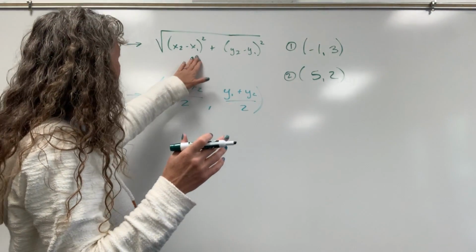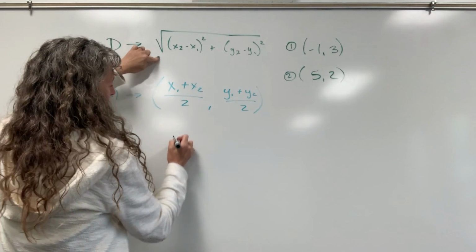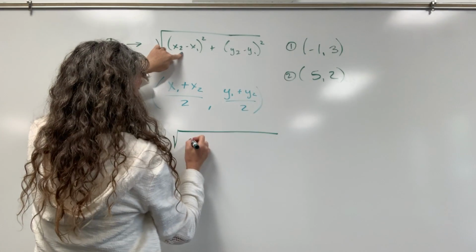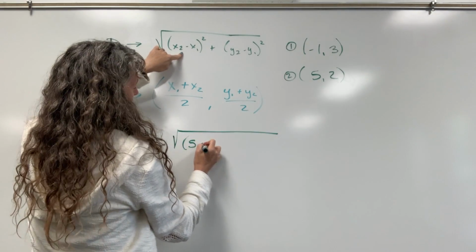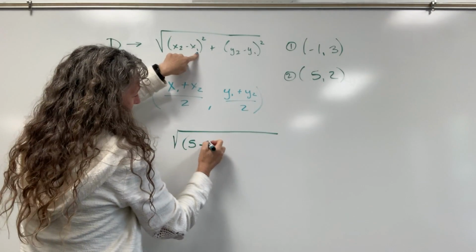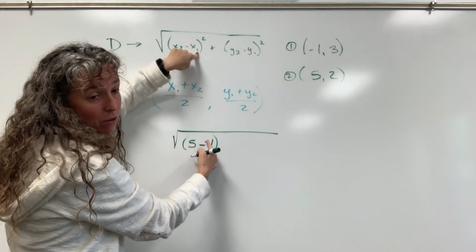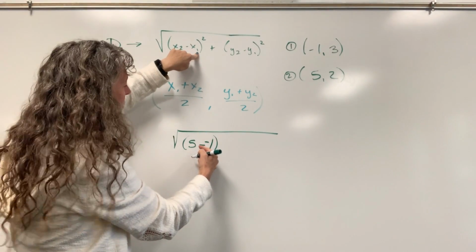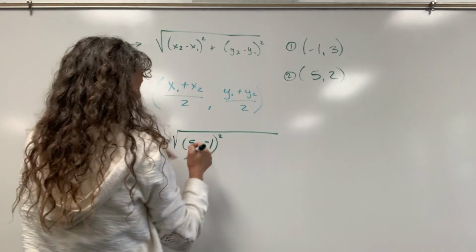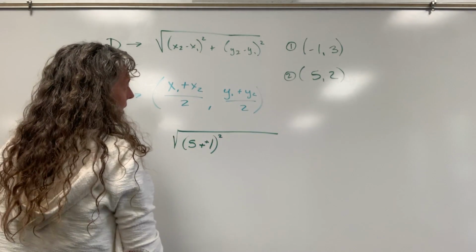So now let's go ahead and plug it into my equation right here. It's the square root of the second x, which for me is 5, minus the first x, which for me is -1, minus a -1. Make sure you use both of those signs, okay? We're going to have to use them both. That gets squared because I had a minus and a negative, so I put them both there, which ends up being plus, right? We could do that right now.